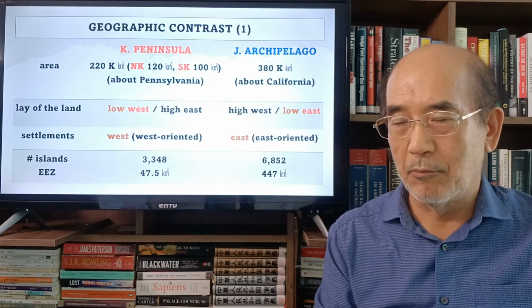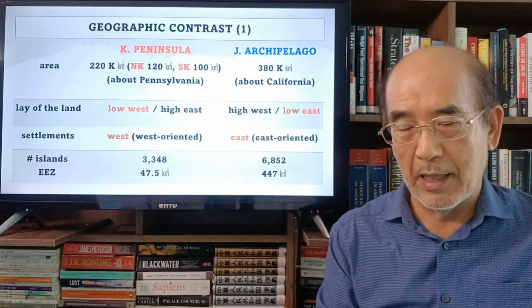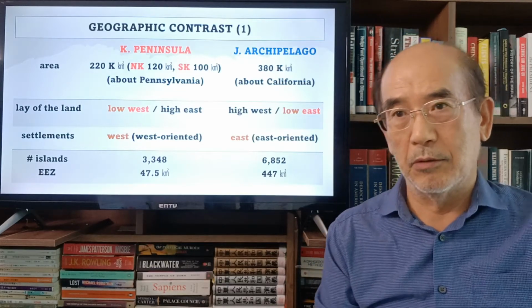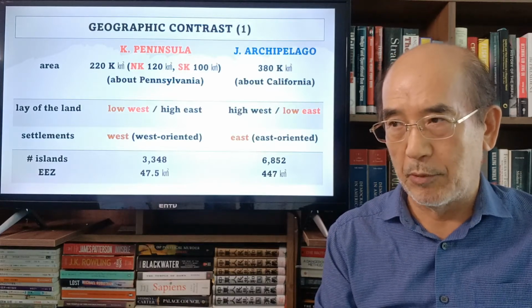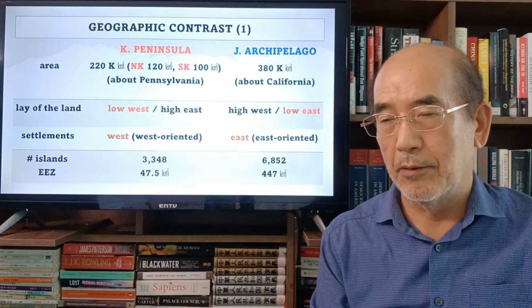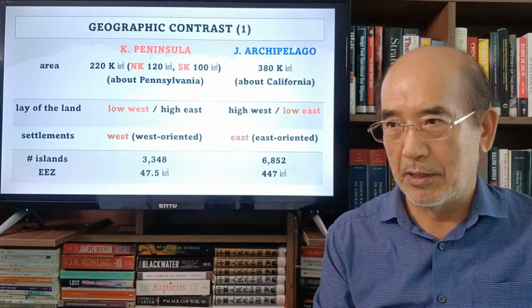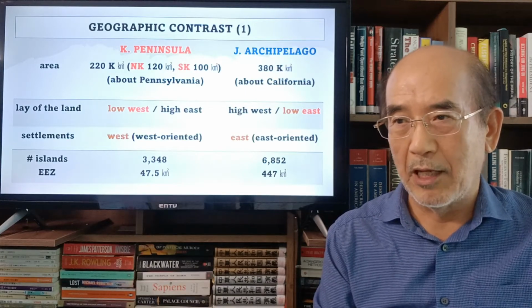While the Korean Peninsula, with South Korea 100 square kilometers and North Korea 120 square kilometers, altogether 220, is actually smaller than the Japanese archipelago. The Korean Peninsula is about the size of the state of Pennsylvania. And as I said earlier, lay of the land.